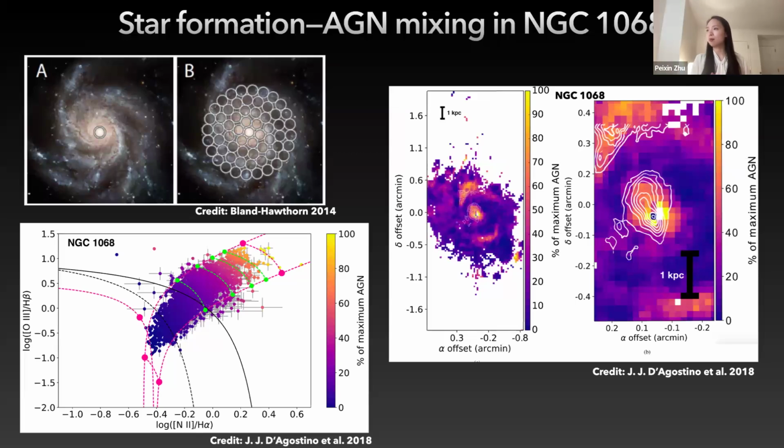With more detailed follow-up studies, we'll be able to understand whether the actively accreting black hole affects the star formation rate in the nearby regions, how it relates to AGN feedback, and how black hole accretion co-evolves with the galaxy's star formation.